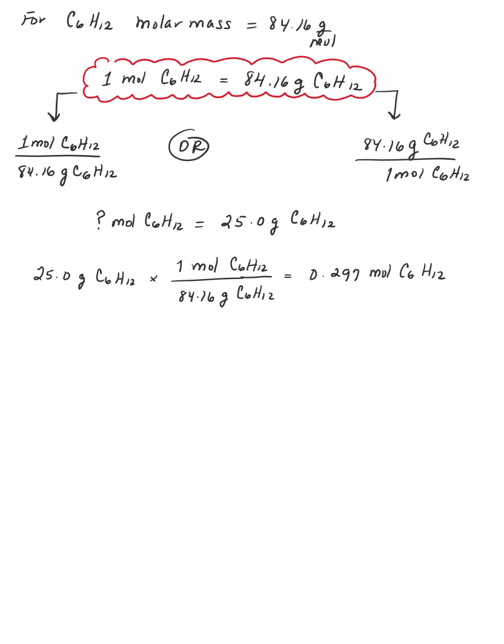So if you have 84.16 grams of C6H12, the amount that you have that is equivalent to that amount in grams will be 1 mole. So your equality converted to fractions that we can use as conversion factors are given here. I have 1 mole over 84.16, or the other one, 84.16 grams over 1 mole.